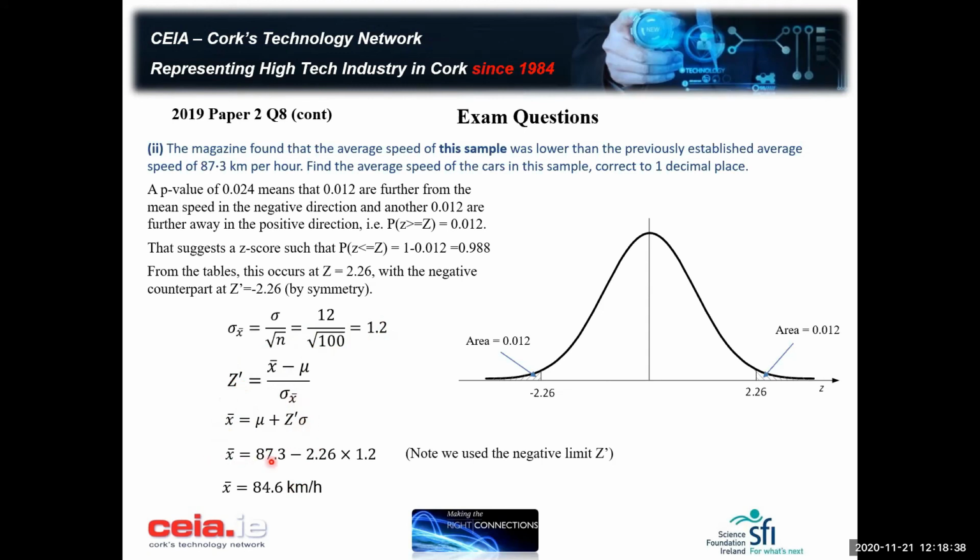And x is then 87.3 minus this z score, minus 2.26, by 1.2. Note that we're using the negative z in this case rather than positive z, because they told you that it was the lower limit that was hit. And when you work that out, you get 84.6, correct to 1 decimal place.